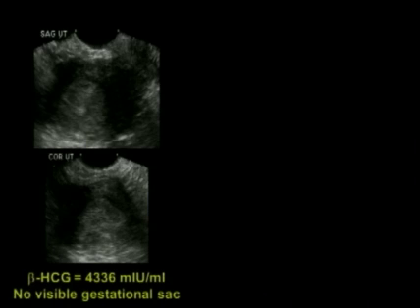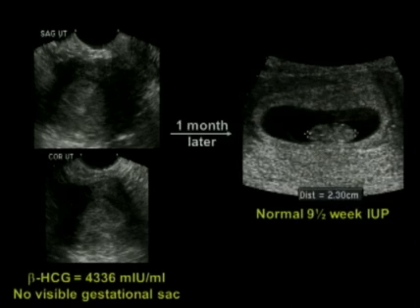The beta-HCG is 4,300. Does this mean that she has an ectopic pregnancy or an abnormal intrauterine pregnancy that isn't growing? Can she be given methotrexate for her possible ectopic because she can't have a normal intrauterine pregnancy? Well, fortunately, we didn't. It isn't the practice in our emergency room to give methotrexate based on a single HCG level above the 2000 discriminatory level.